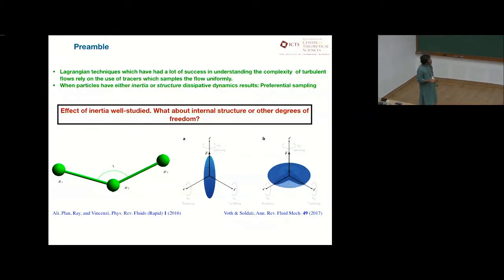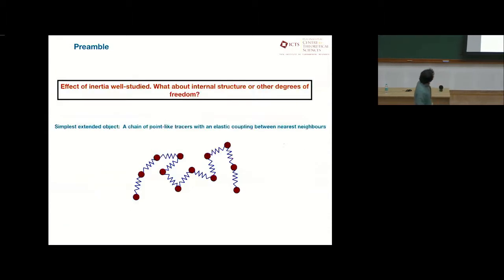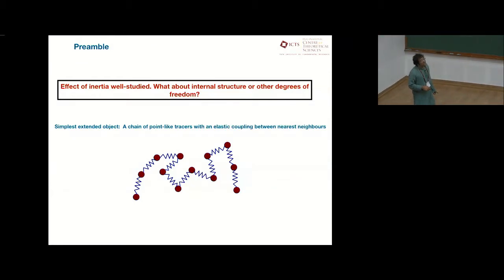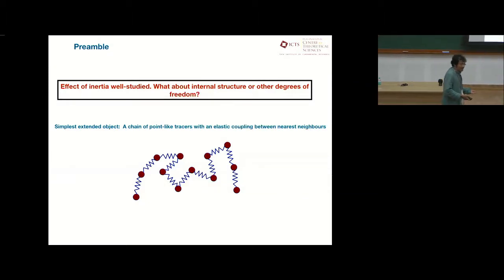However, what happens to this preferential sampling when you have particles which have other degrees of freedom? For example, if they are these Trumbull-like models, or elongated objects which can run and tumble. The simplest model that Jason and Dario Vincenzi could come up with was a chain of point-like tracers which are connected elastically with each other. Usually for statistical physicists, harmonic chains are nice.